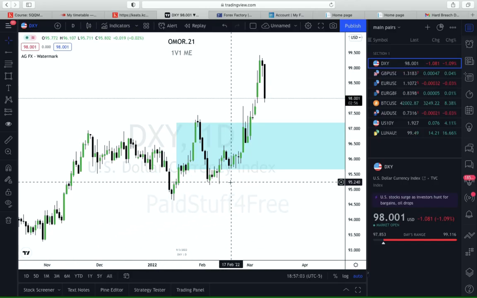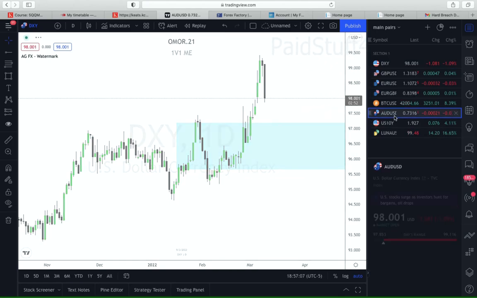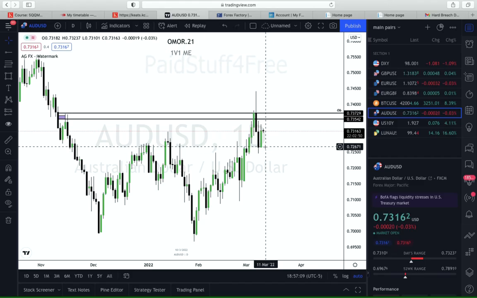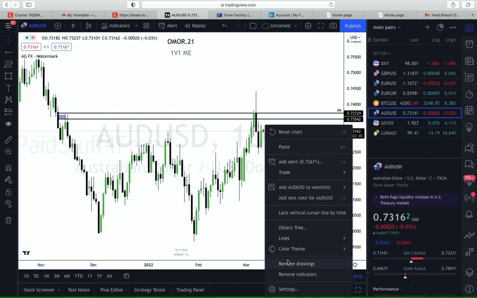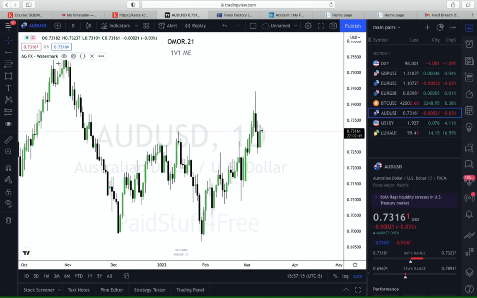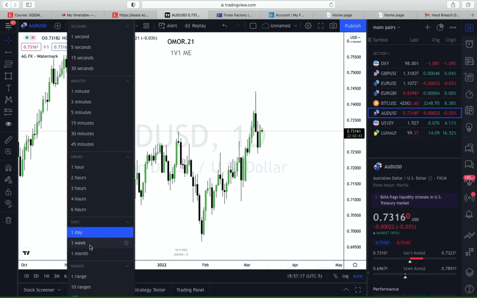So I want you guys to always consider this, whatever you're looking at, if it's crypto, whatever pair. So if we go to the Aussie dollar, for example, I'll clear this. Let's go to the weekly Aussie dollar.